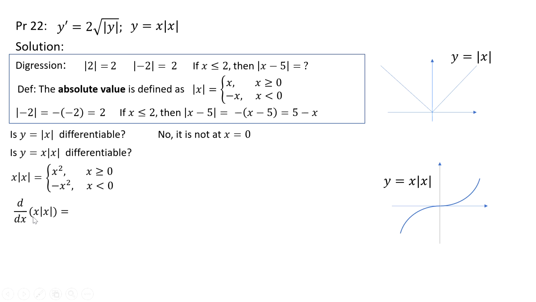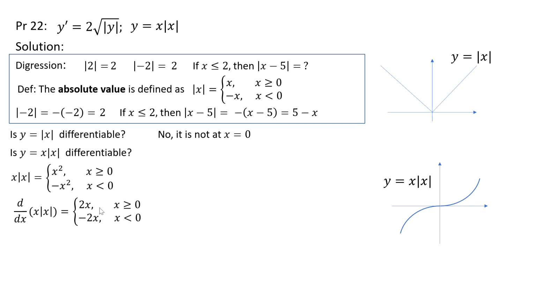And so, this is now another interesting one. What's the derivative of this? Well, the derivative is, on x greater than or equal to 0, 2x, and on this one, negative 2x. Right? Can I say x greater than or equal to 0? That is the key. I can say greater than 0, 2x. But at equal to 0, can it be equal to 2 times x?